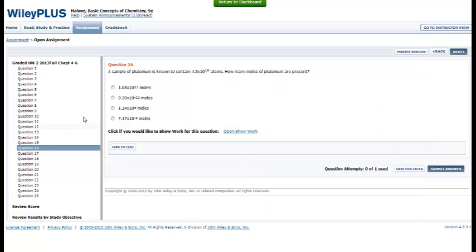Okay, so looking at problem 16, a sample of plutonium is known to contain 4.5 times 10 to the 18 atoms. How many moles? So in this case, we're given atoms, we want to go to moles.